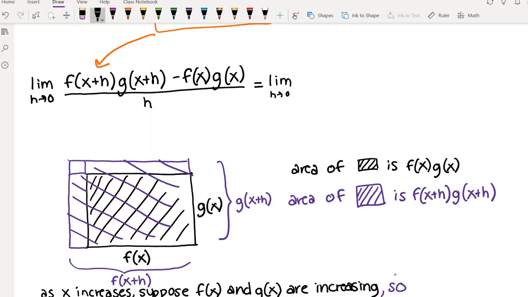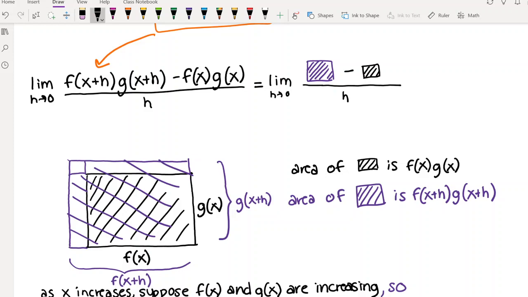And we just said that that is the area of the purple, the bigger rectangle. So this is like not super technical math stuff, but I'm just going to, instead of writing that expression, put that rectangle there to represent the area. And then the f of x times g of x part, well, that's the area of the smaller rectangle.